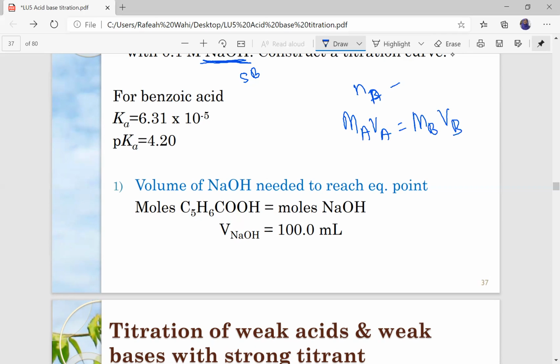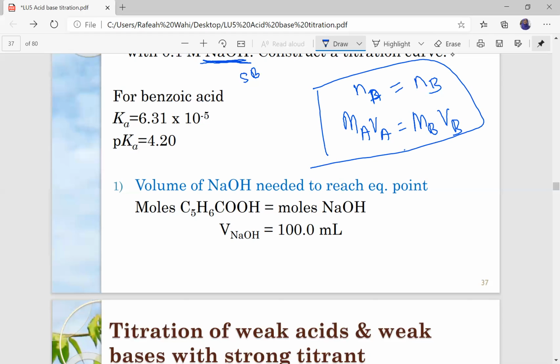So you can use this formula for any acid and base titration.